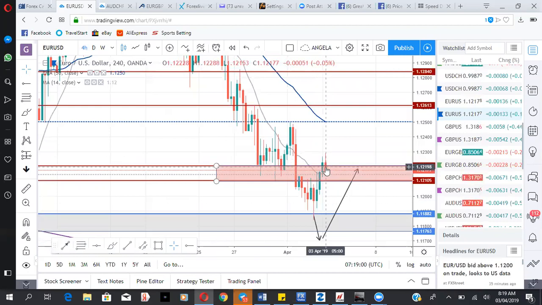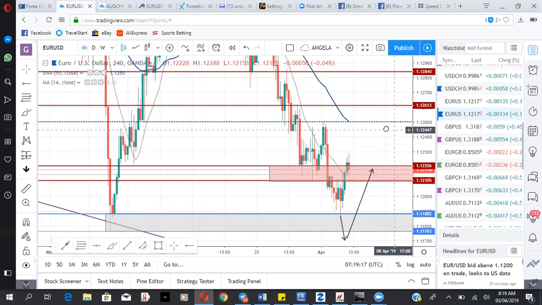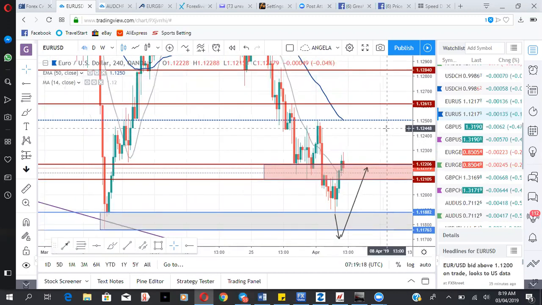Price is testing this area. Should they stay above this 1.1210, then you may see a move up into this area for the Euro USD. So for now, the Euro USD is still bearish, but it is correcting a bit due to dollar index.